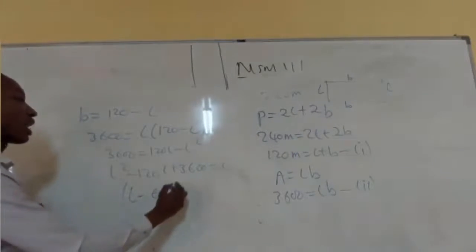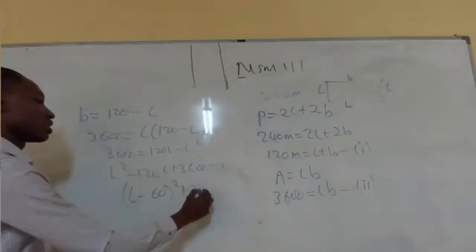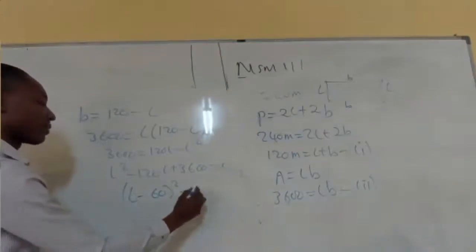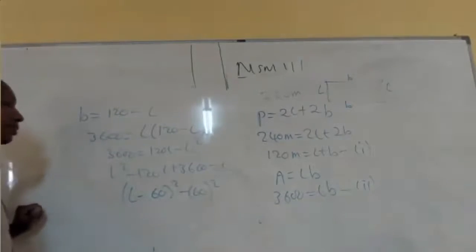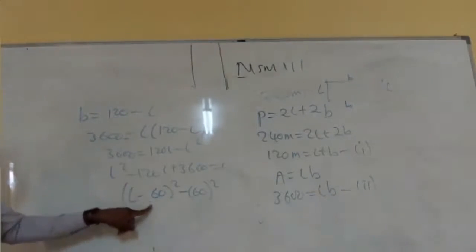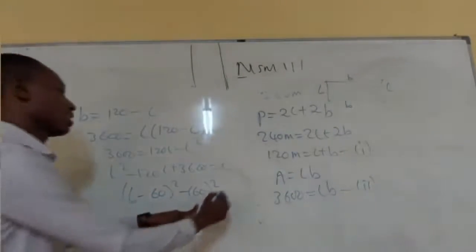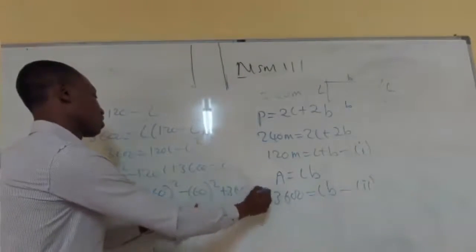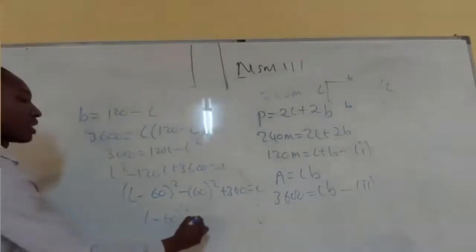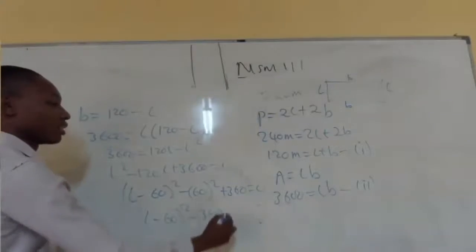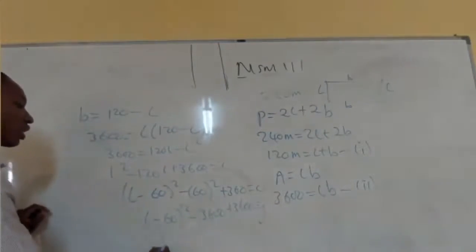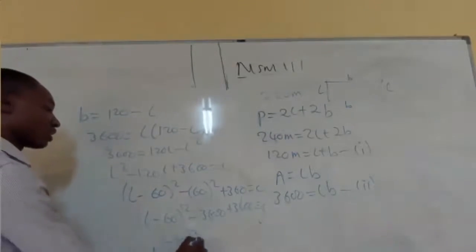So squared, then minus 60 squared, then plus 3600 is equal to 0. Then we have L minus 60 squared minus 3600 plus 3600 is equal to 0. This and this will cancel, so L minus 60 squared is equal to 0.